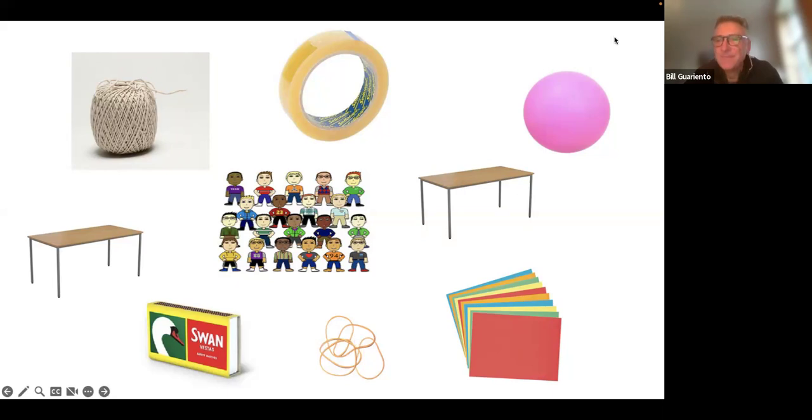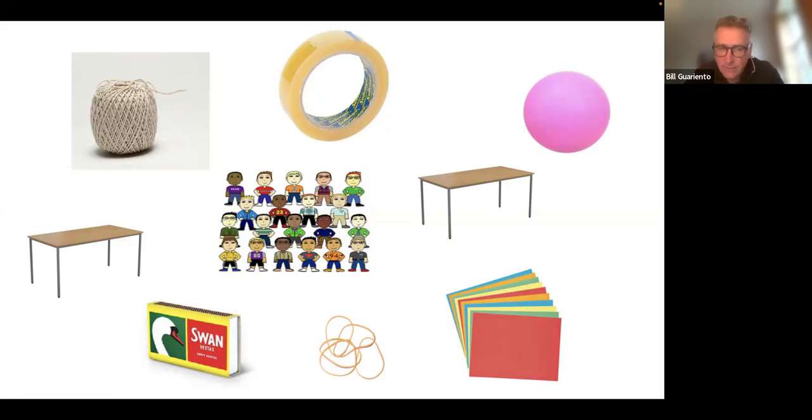That's a difficult one. String. It's not string. No, maybe the picture is not clear. We call them elastic bands, or rubber bands.